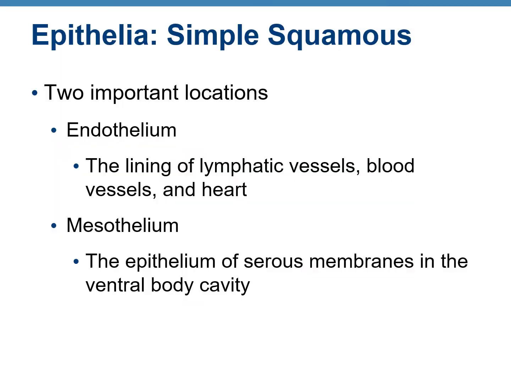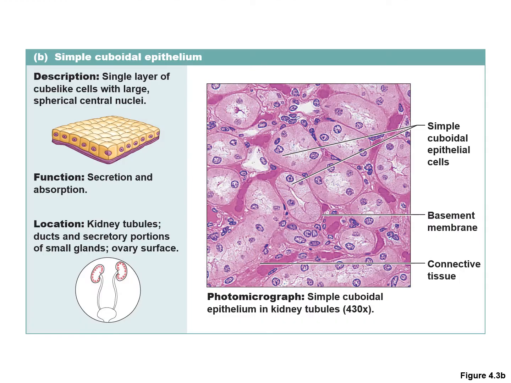So here are our two important locations for simple squamous epithelium. It's the endothelium, which lines the lymphatic vessels, blood vessels, and the heart, and mesothelium, which is the epithelium of the serous membrane, and we know that serous membrane is found in the ventral body cavities.